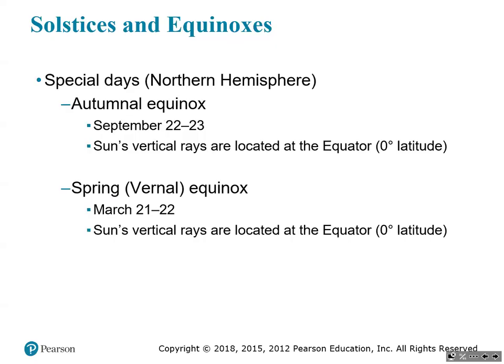And the spring or vernal equinox is March 21st or 22nd. So the sun's vertical rays are located at the equator in both of these. They're halfway in between the solstices. And the day will be exactly 12 hours long and the night will be exactly 12 hours long.